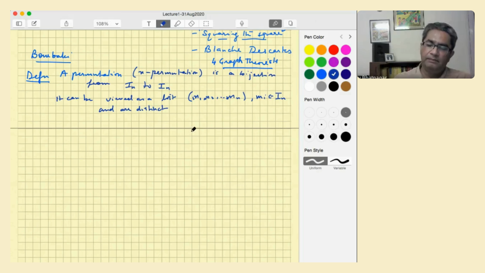So for example, I can say 3, 2, 1, 4. This represents the permutation where 1 goes to 3, 2 goes to 2, 3 goes to 1, 4 goes to 4. This is a two-line representation.